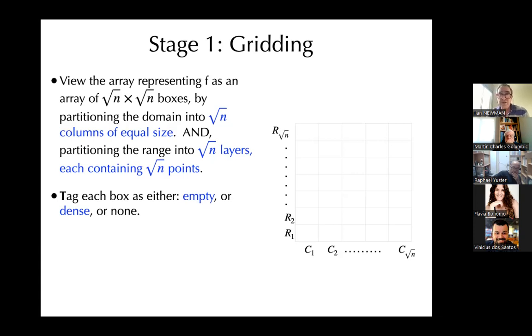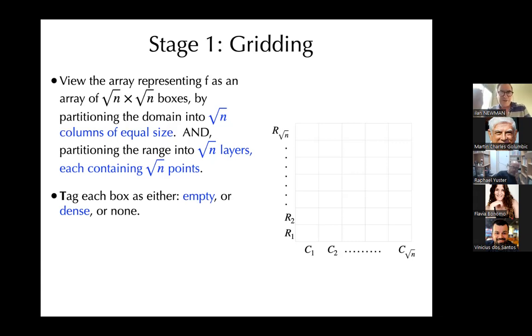And we are also going to partition the range of the function, namely the y-axis, into square root of n layers, each containing square root of n points. Conceptually you could do that because there are n points altogether, so you could partition them into layers, each layer containing exactly square root of n points.